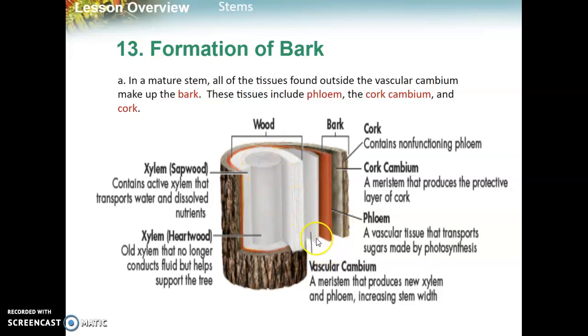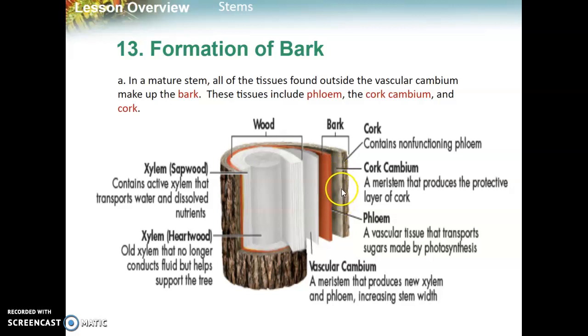On the outside of the vascular cambium, here's the phloem that was made. And that phloem is transporting the nutrients. And then on the outside of that, you have the cork cambium layer. The cork cambium is making the cortex, which would be here on the inside. They're not showing that cortex.